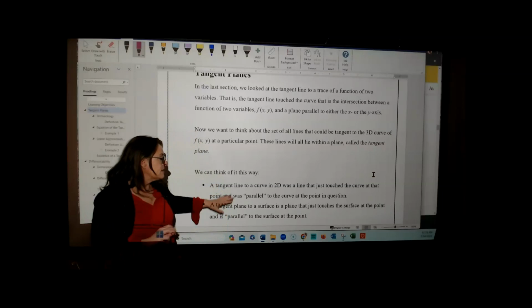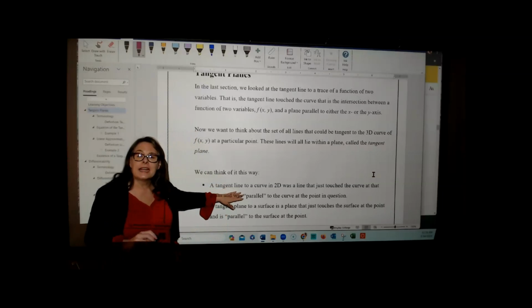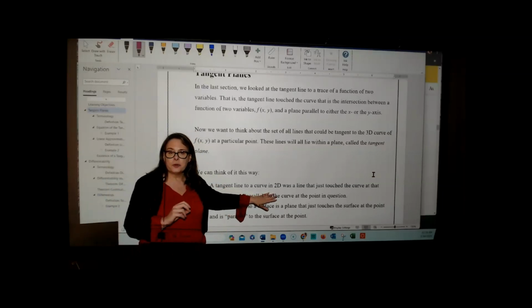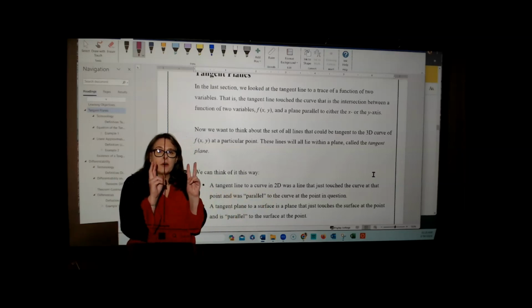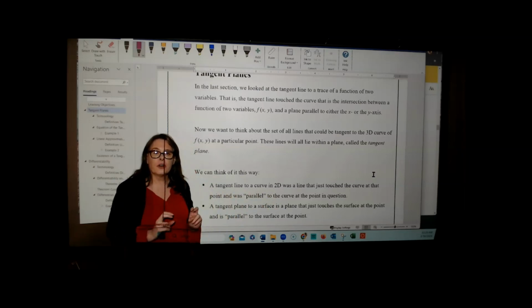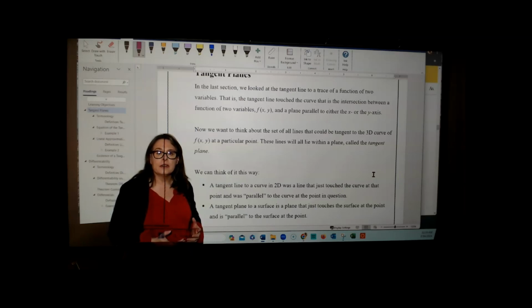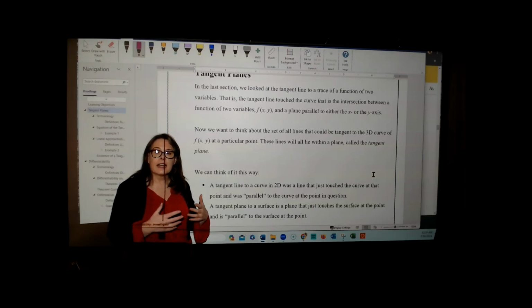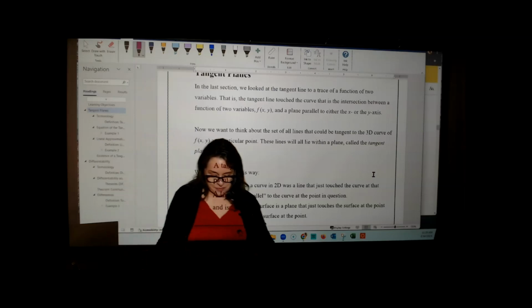And again, this is similar to the idea that the tangent line in two-dimensional space was parallel to the curve at that point. It does require differentiability because that means that as you zoom in on that point, both the surface and the curve become more and more linear, flat, if you will.